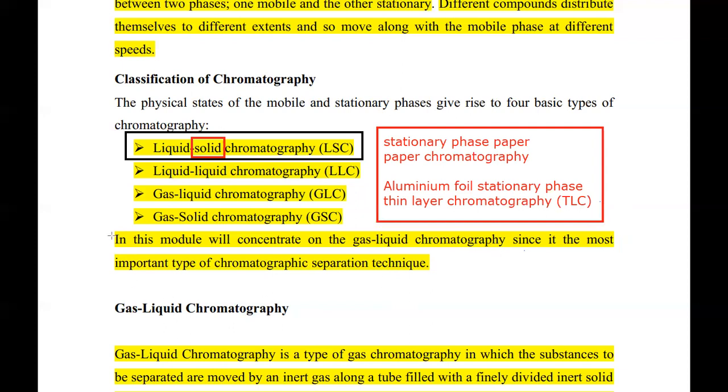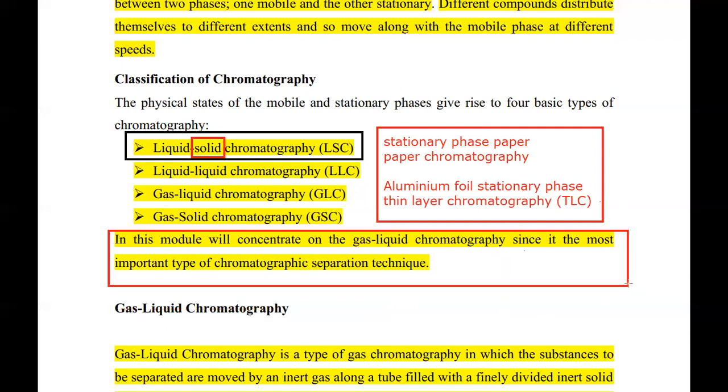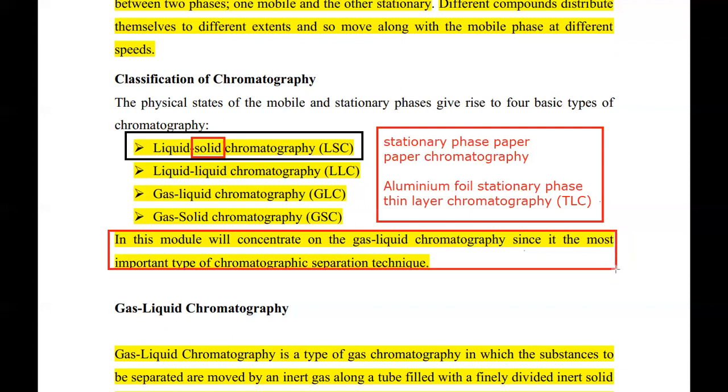This time around, we're going to focus on gas liquid chromatography. Now, remember, it being a machine, you cannot have a machine which is just a liquid. Of course, all machines must have some solid structure at some point. But why is it that the stationary phase, the part where the gas will be moving, is the liquid? So we have to look at how that is done.